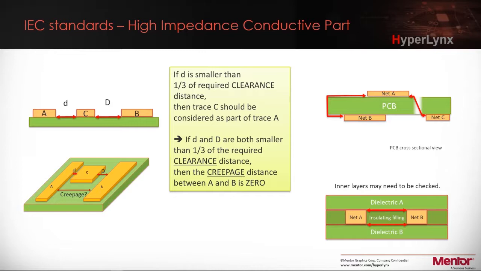Although the math is not very complicated, we are talking about addition of two values and doing a fraction of 1/3 clearance distance here, the time it takes to understand the materials, look up their values in the chart, and know if they can be considered as an extension of the net is all very time consuming and very tedious to do for every object on the PCB.